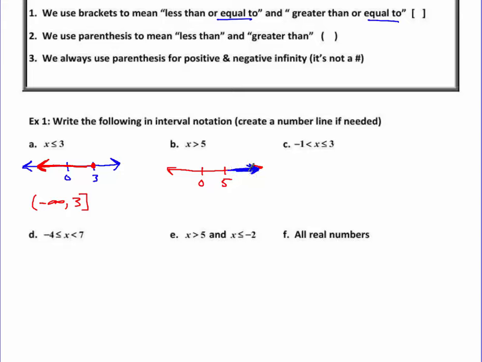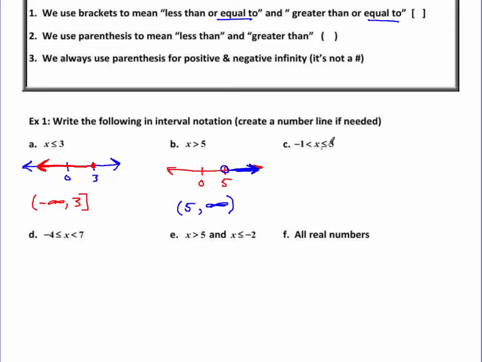We got that. But it's not 5. So we put an opening there, we put a hole there. And so the way we would write that is we start at 5, but we don't equal 5, and we go all the way to positive infinity. So that's our interval notation.